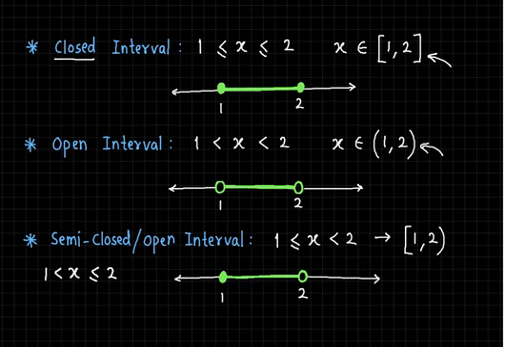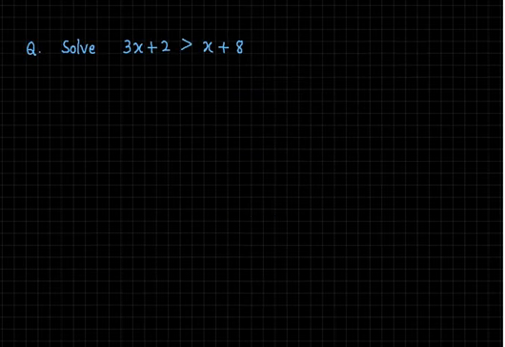So here we are to show the square bracket as well as the round bracket at the appropriate places depending on where the equality is present. And in case of the second one, we will write round bracket 1 comma 2 and closed by the square bracket. Right. Let us go ahead and solve a few simple examples based on the inequalities.